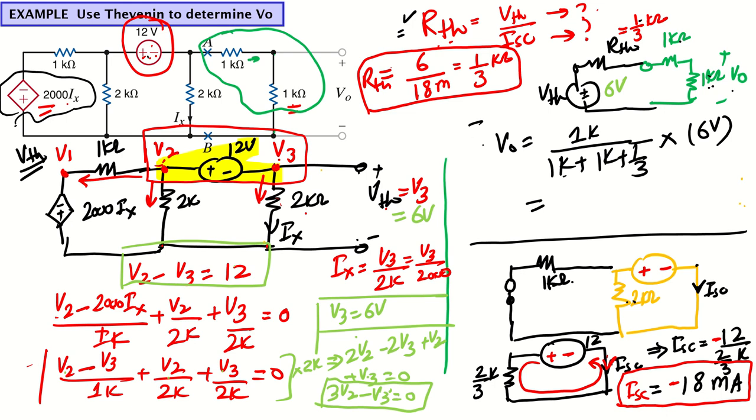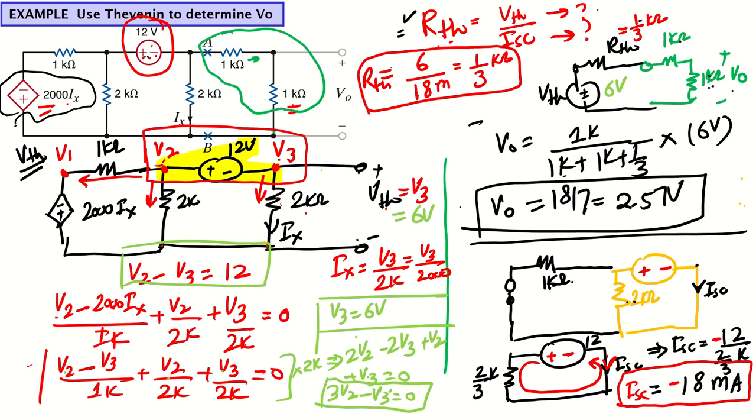It comes out to be 18 over 7, or 2.57 volt. That is our output voltage. This is how we can analyze circuits with dependent and independent sources. Thank you so much.